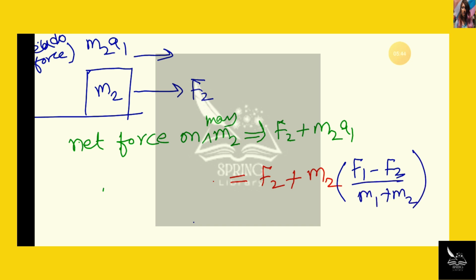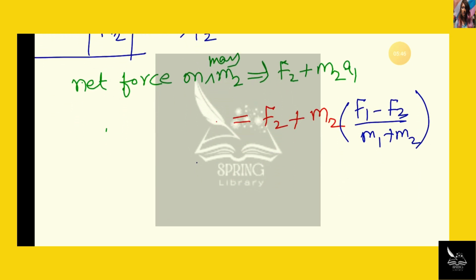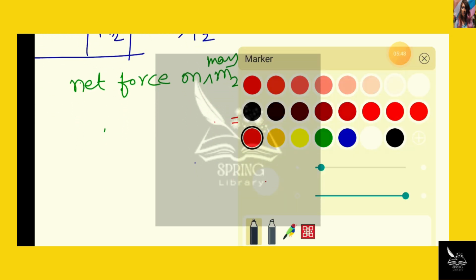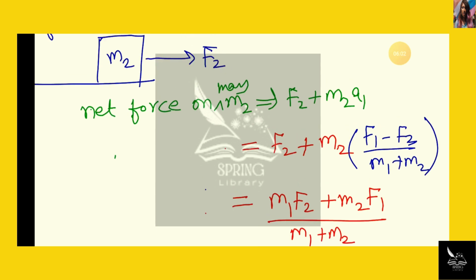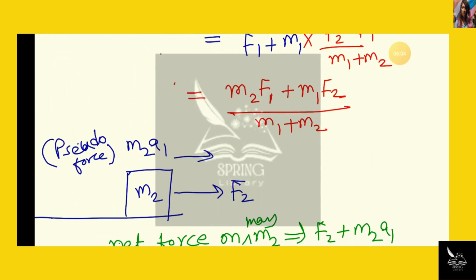Now simplify it, and I get the net force on the second block having mass m2. The final value is m1 F2 plus m2 F1 divided by m1 plus m2. So here I have got the net force on both blocks.